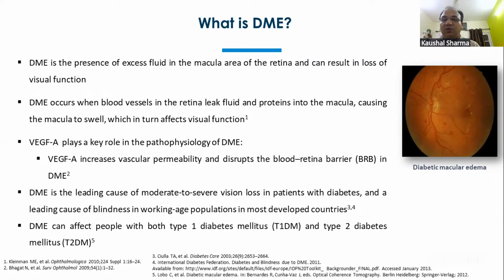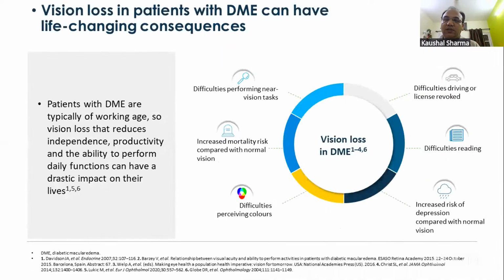DME can affect people with both type 1 and type 2 diabetes mellitus. Vision loss in patients with DME can have life-changing consequences. Patients with DME are typically of working age, so vision loss that reduces independence, productivity, and ability to perform daily functions can have a drastic impact on their lives.